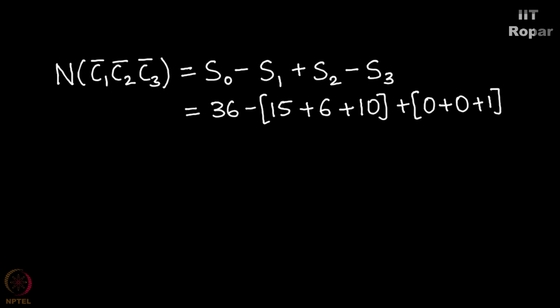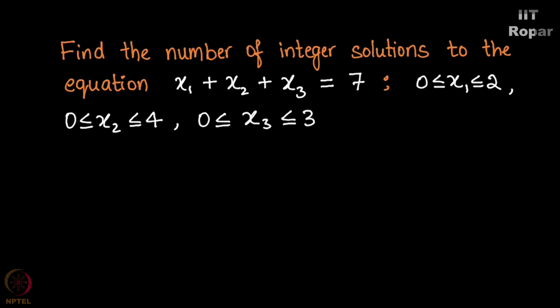So, 36 - 31 + 1. And the last one is minus S3, which is 0 here, so we need not worry about that. So the final answer is going to be 36 - 31 + 1, which is 6. So the number of integer solutions to the equation x1 + x2 + x3 = 7 satisfying these conditions is 6.